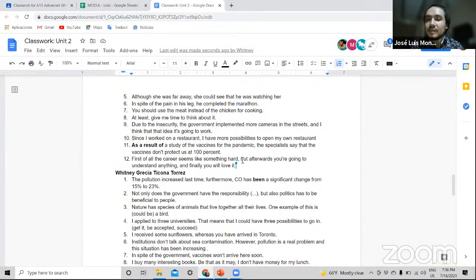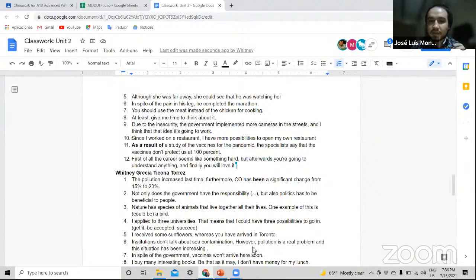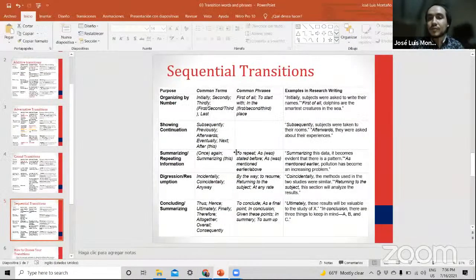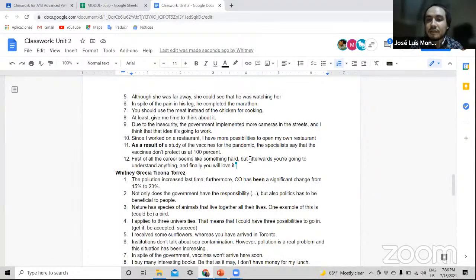And if you want to give the idea of but and the idea of additional information, it's better to use transitions. Why? Because in this case, the topic is transition words and phrases. And with transition words and phrases, we need bigger ideas. So my advice here, Mariana, would be the following. Here, you can do the same as I was saying.